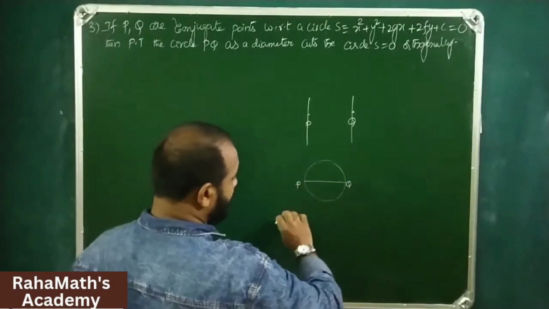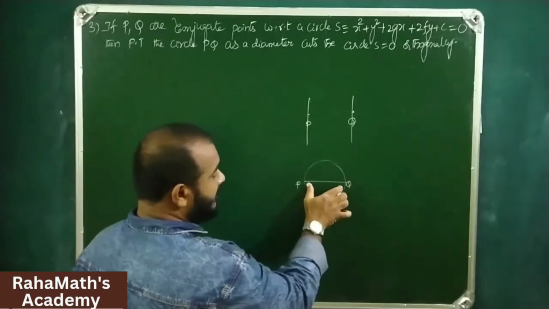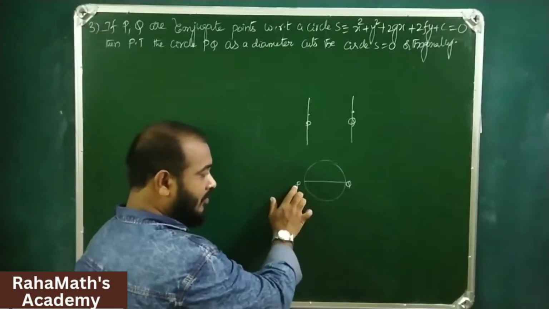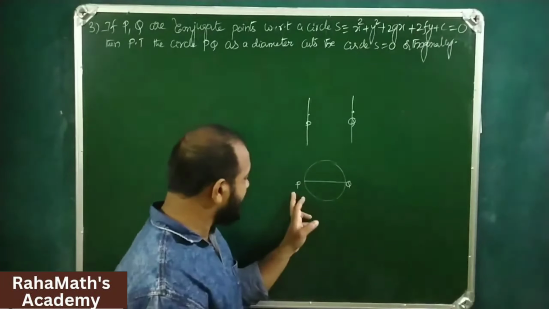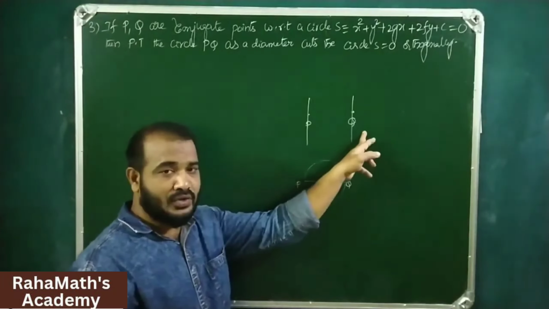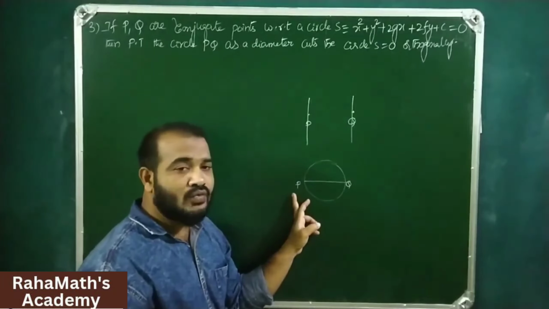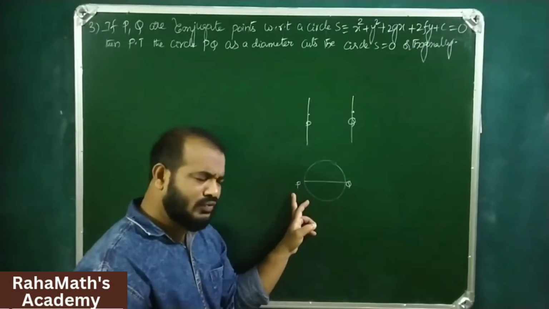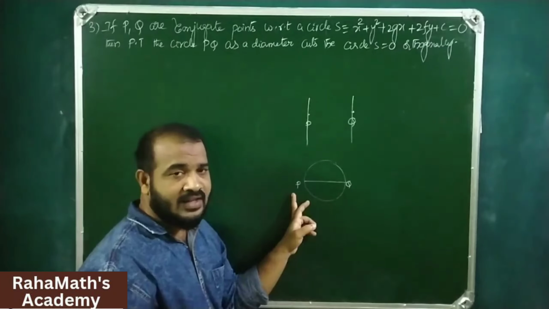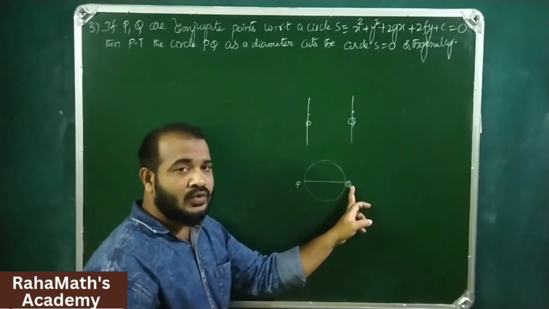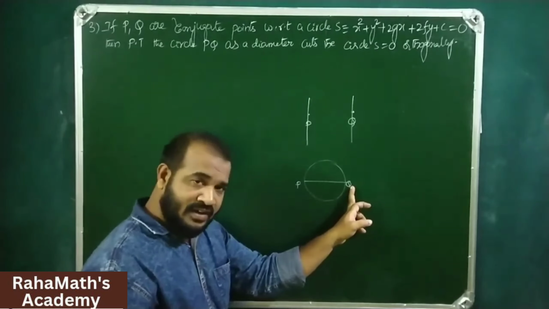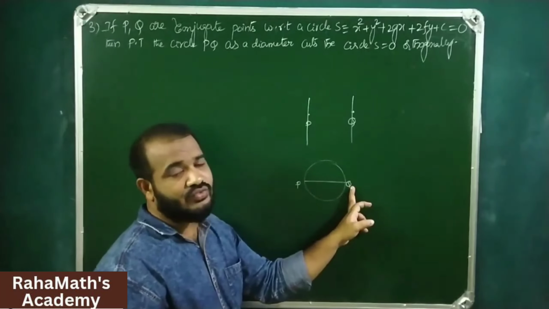Then what is the equation of the circle? When we have P comma Q, for example x1 y1 and x2 y2, if we take them as P and Q, then x minus x1 into x minus x2 plus y minus y1 into y minus y2 equals 0.